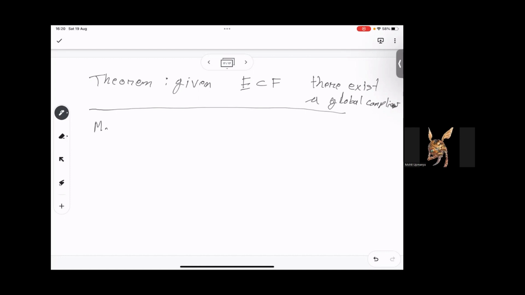So, metric. It will basically mean a Hermitian metric if we are working with complex numbers, and otherwise just a normal positive definite symmetric bilinear form in the case of real numbers, right?